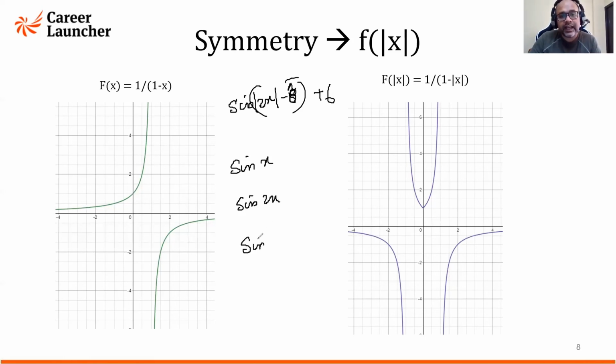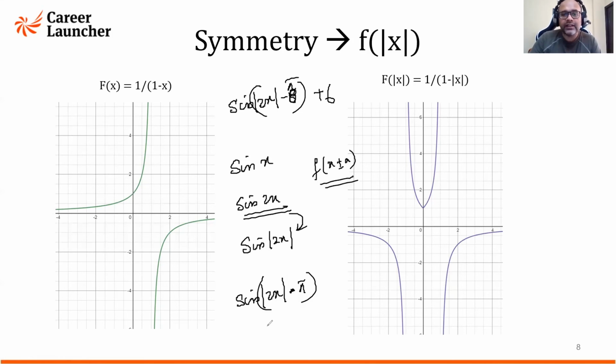Now find sine mod 2x. So whatever is here, you apply the modulus funda that we have just seen. Then you write it as sine mod 2x minus pi. And we know how to do this because we have learned f of x plus or minus a. And then the final step will be sine mod 2x minus pi plus 6.